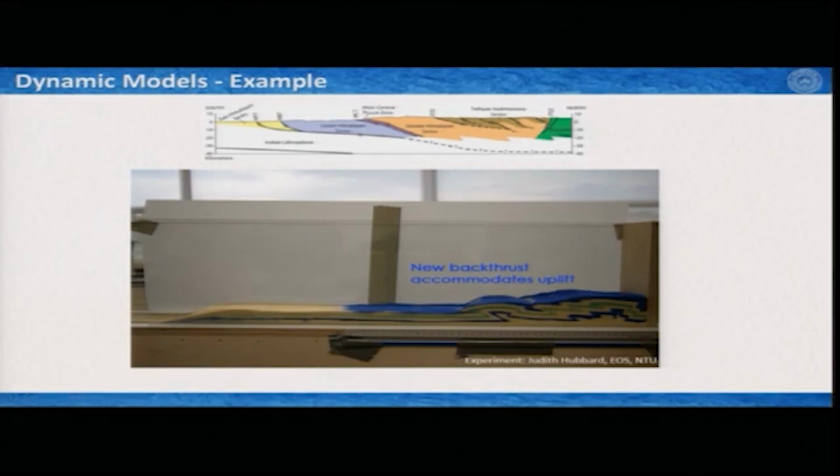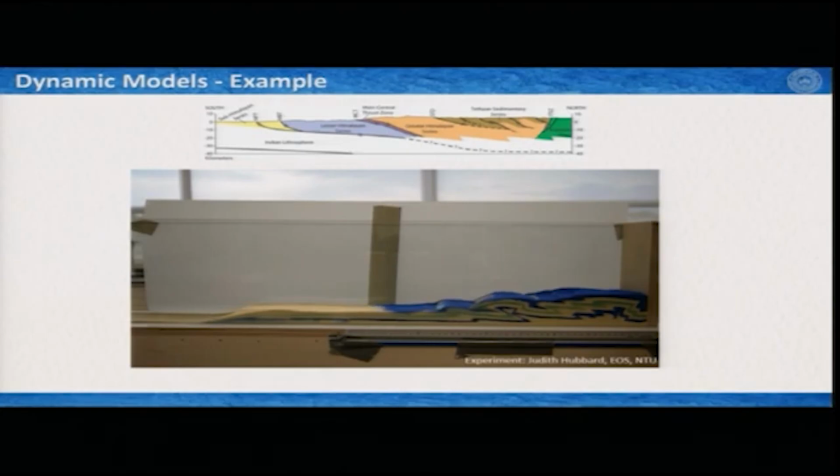These types of models not only discuss the dynamics of the processes, but they also tell you the evolution of the process, that is, how from one geologic setup you achieve a different geologic setup just by adding some sort of deformation.